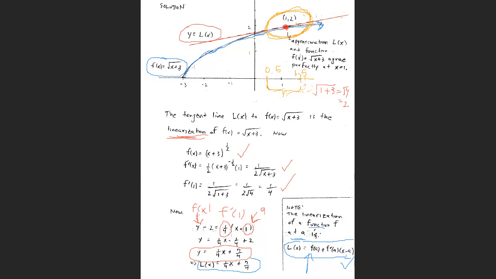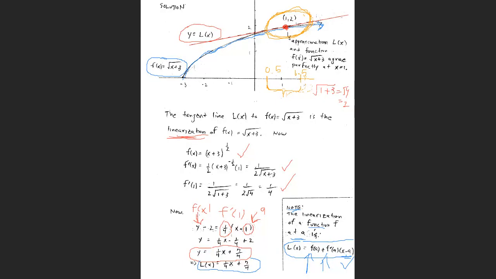Sure. All right. So what we're doing, Kelvin, is finding the note here. In the book they give a formula for the linearization of a function f at a, and that formula is L of x equals f of a plus f prime of a times x minus a.